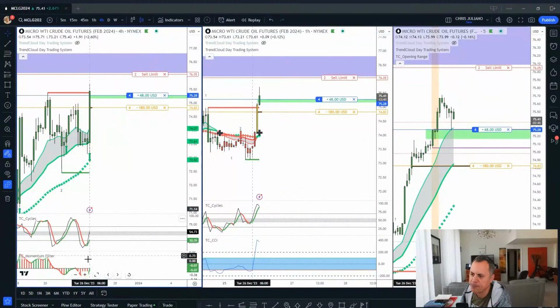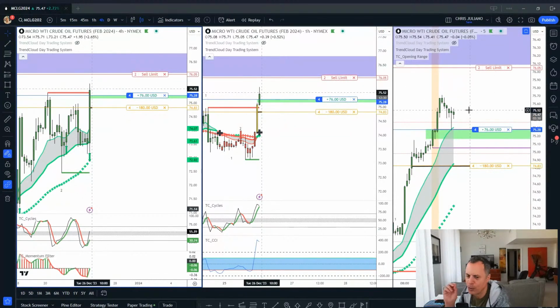We also have momentum to the upside on both time frames, and we are cycling up on both time frames. And look at how nicely and quickly this trade is working out. When you have everything lined up on your trend cloud system in one direction, those are the trades that are perfect. Those are the trades that you should focus on.